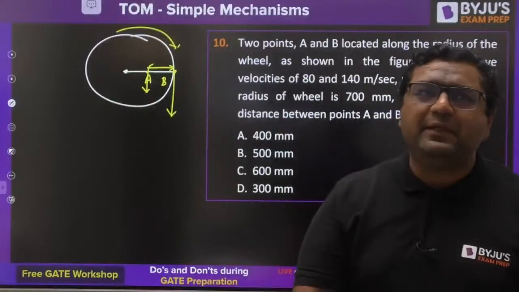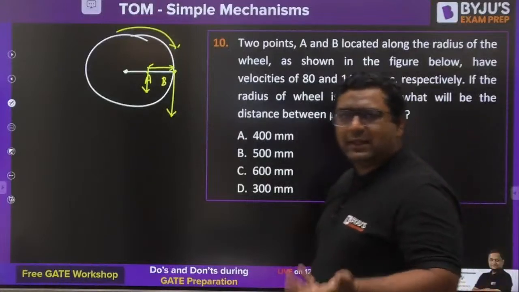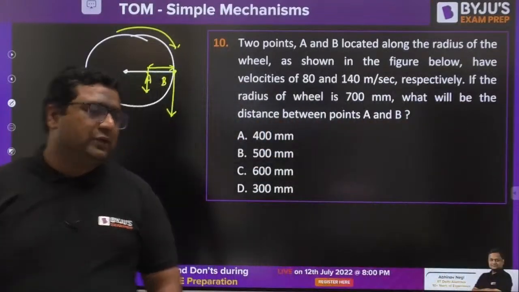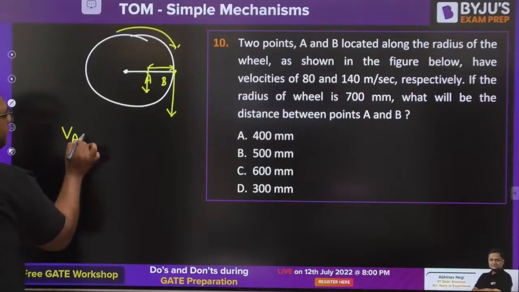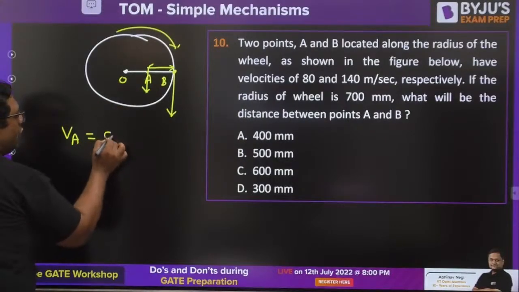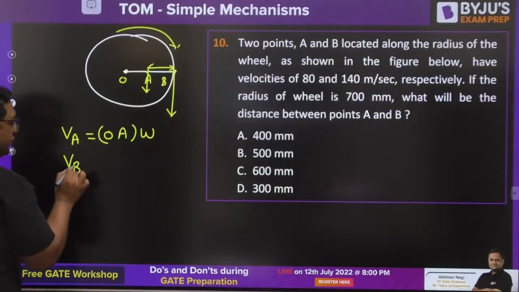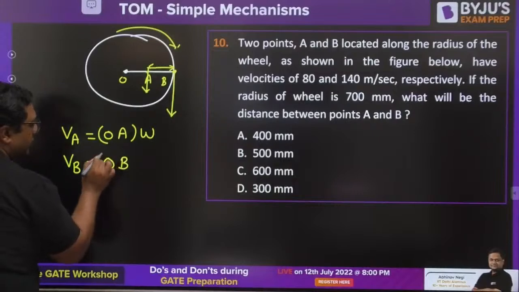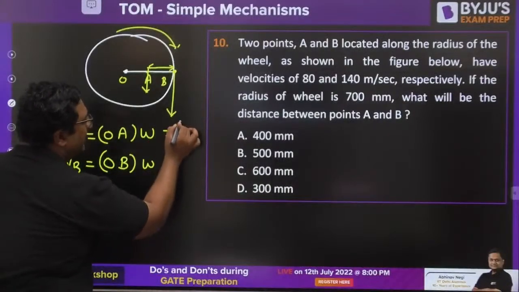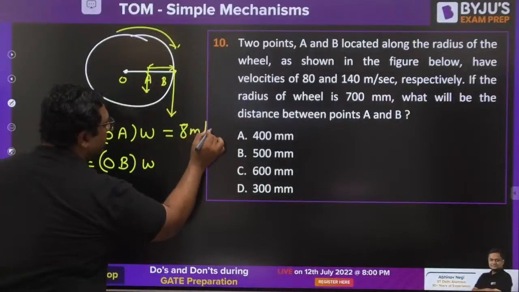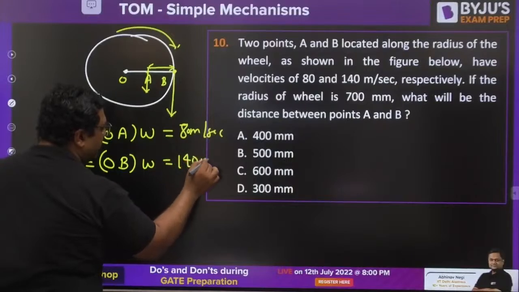Piyush ji, the diagram is not given, so you will go as per your thinking. They have not mentioned the diagram. So you can write velocity of A is OA into omega, and velocity of B is OB into omega. So OA into omega is 80 meter per second, and this is 140 meter per second.